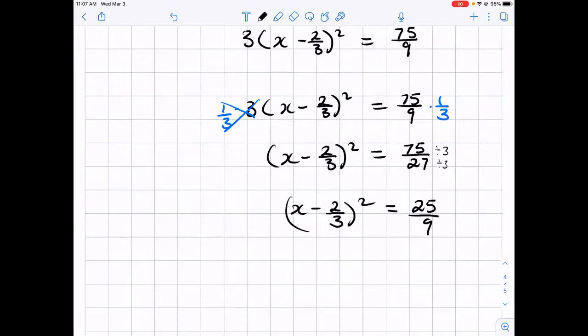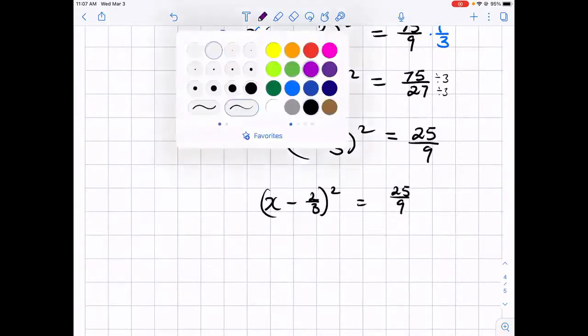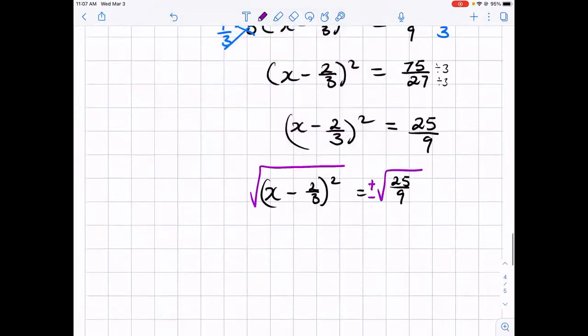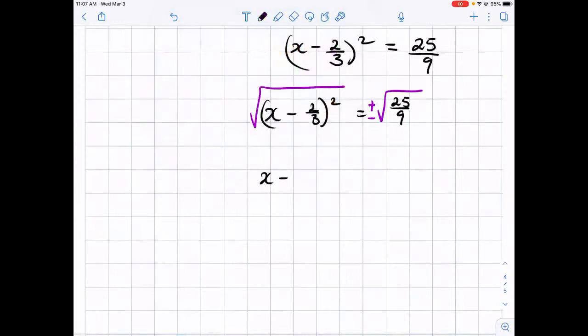So this becomes x minus 2/3 squared. And then from here, we take the square root of both sides. And as a reminder, plus or minus. So we are left with x minus 2/3 is equal to plus or minus the square root of 25 over 9.